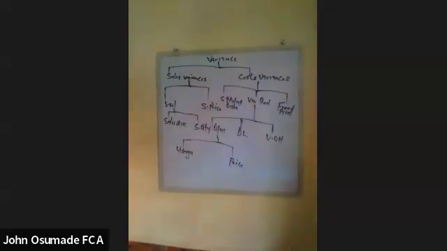Direct material variance: we have price and we have usage variance. That is divided into three.